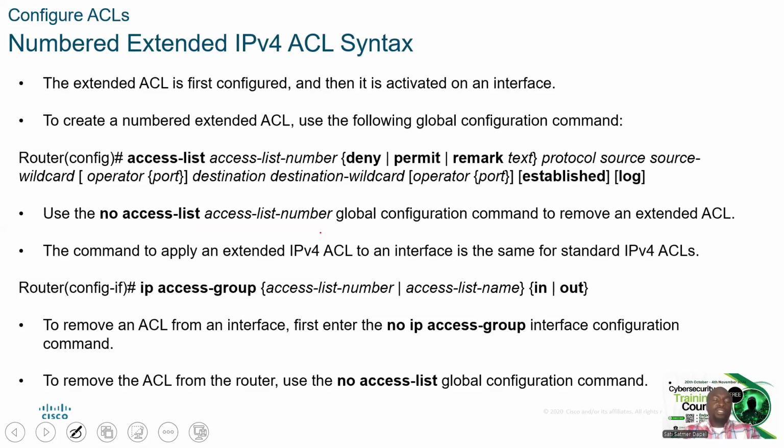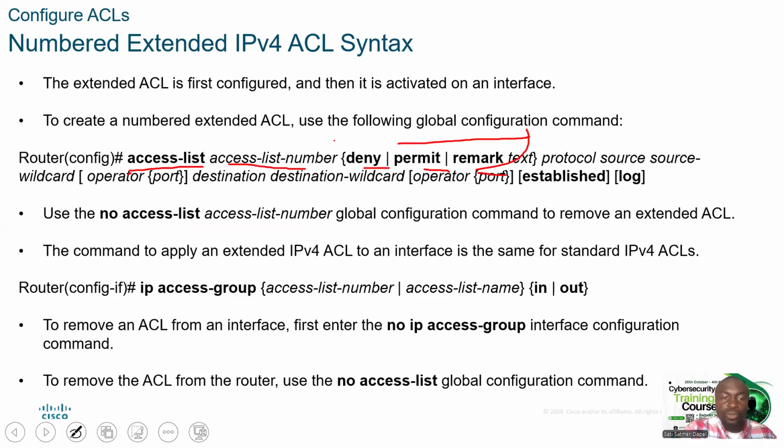How about extended? We have seen the standard for both named and numbered. Let's look at extended. We'll see numbered and we'll see named. For extended access lists, you write access-list, then the access list number, then you do your permit or deny.